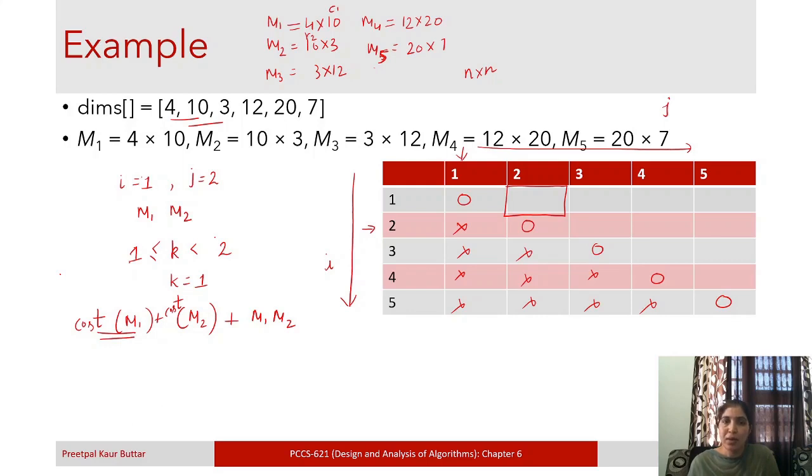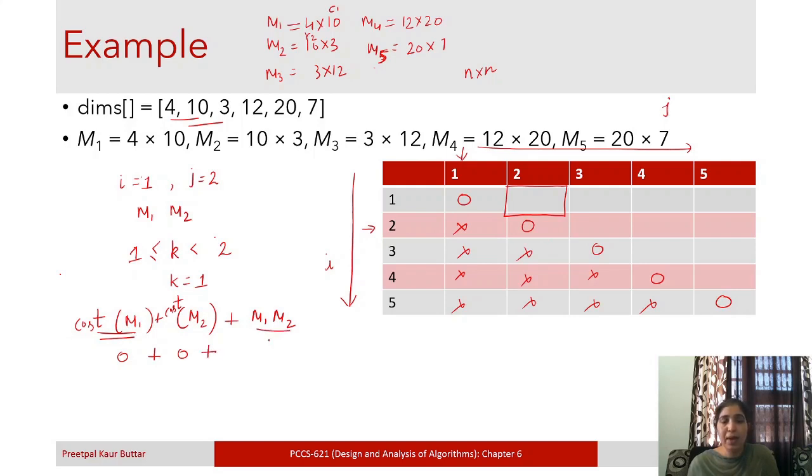There is a single matrix, so we are not doing any multiplication, and its cost is 0. Similarly, the cost of M2 is also 0. For this we will look at M[1,1], which is 0. For this we will look at M[2,2], which is also 0.